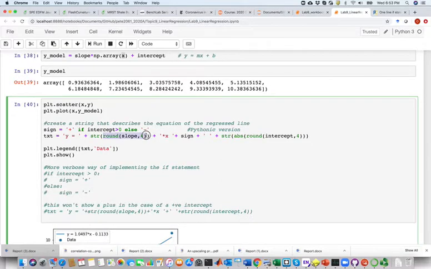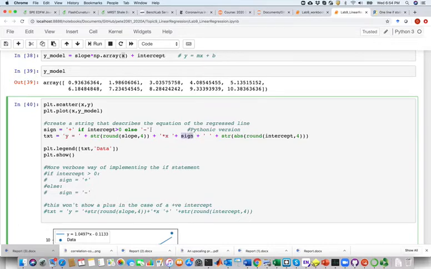It rounds it to 4 decimal places, then converts it from float to a string so that it displays right here. Then concatenate that with times x, so it shows times x. You want a space, right? So you put a space after the x. Then concatenate that with a sign.